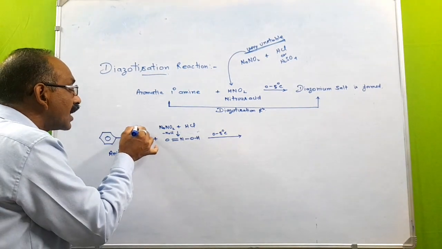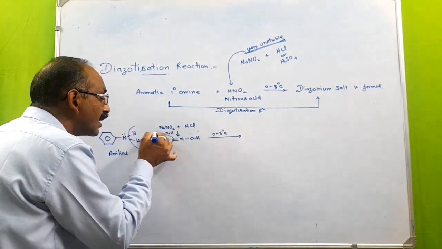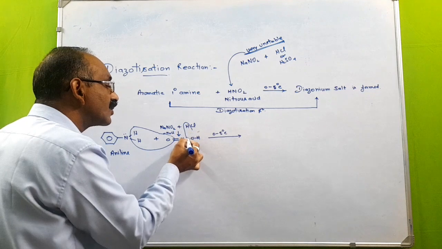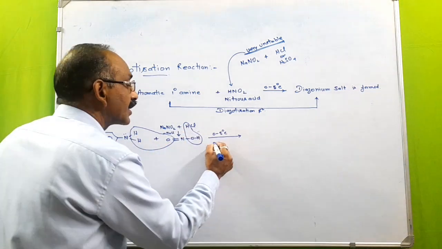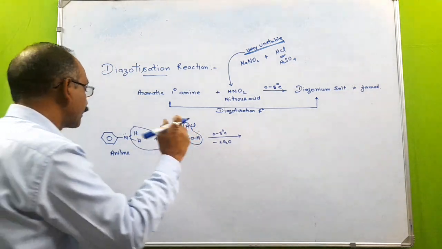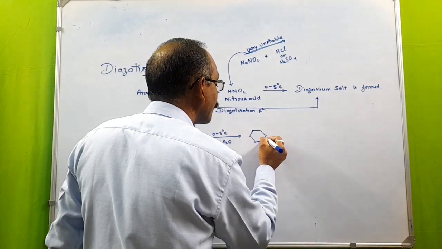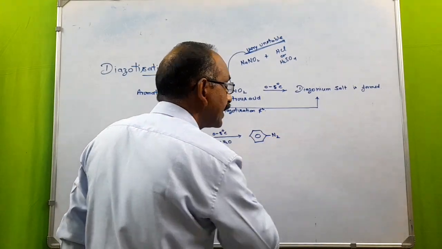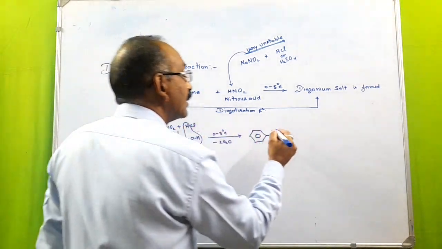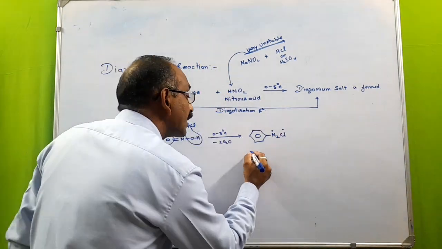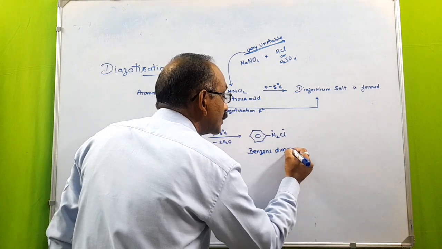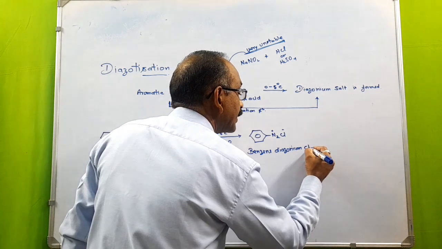See what happens? These two hydrogens come out with the electronegative oxygen, and this hydrogen also comes out with the OH. Two water molecules are set free. Now both nitrogens will combine together, and here you will get N2, and at this nitrogen there will be a positive charge. Now this Cl minus will form a bond with it. This one is known as benzene diazonium chloride.